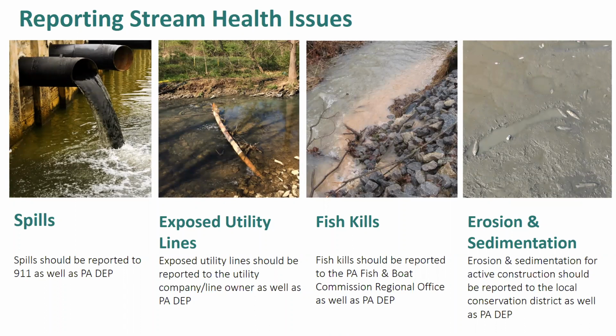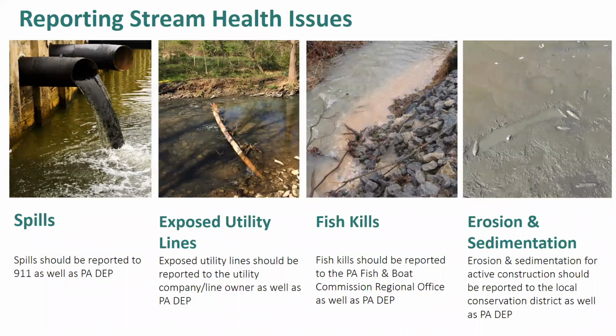There are a number of issues that should be reported to a proper entity if you come across them while in the field. If you see a spill or a chemical discharge, it should be reported to your local authorities as well as DEP. Any exposed utility lines should be called into the utility company or the line owner if you can see a marker indicating whose line it is.